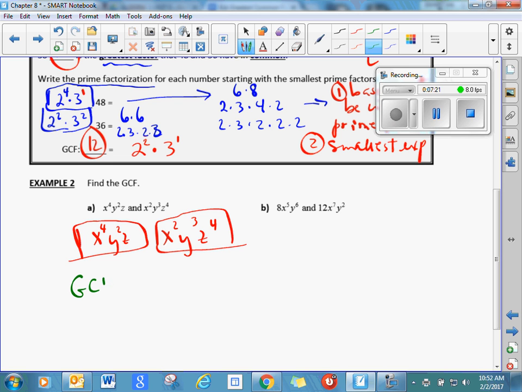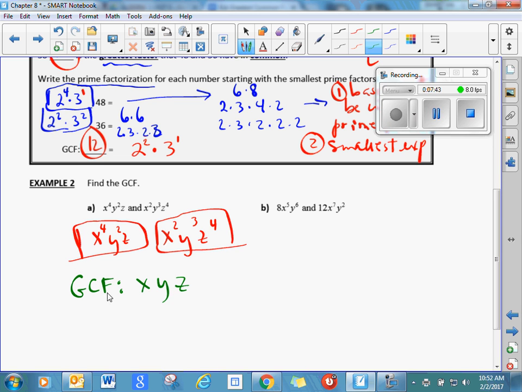So the GCF, we have to have it in both boxes. So I see an X in both boxes. I see a Y, and I see a Z. These aren't very good examples because there's nothing that's not in both boxes. But if there was another variable over in this box, let's say a Q, then he would not come down as part of your GCF.